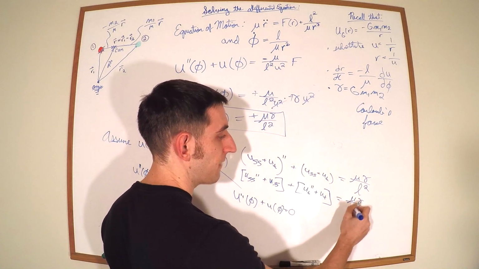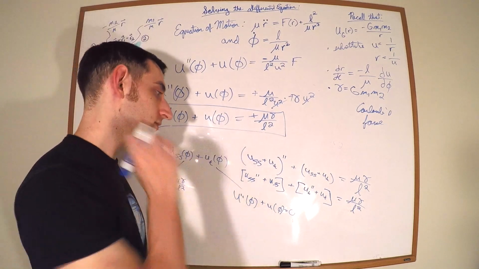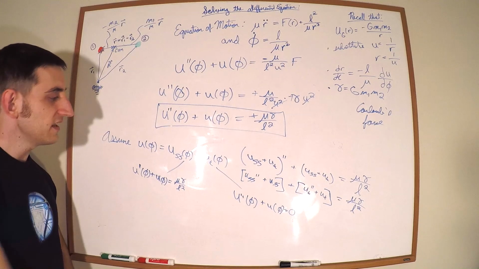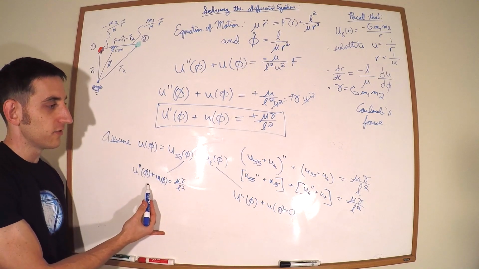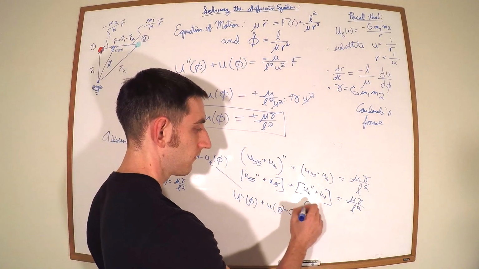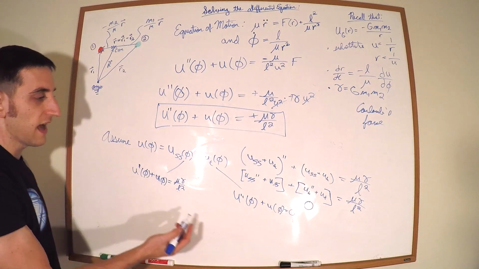Otherwise, we have violated math, and something is not making sense. So in order for this to be true, we need these guys to be true, because this is going to be 0. And this says it has to be equal to that.